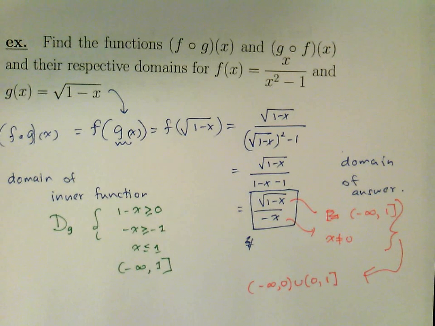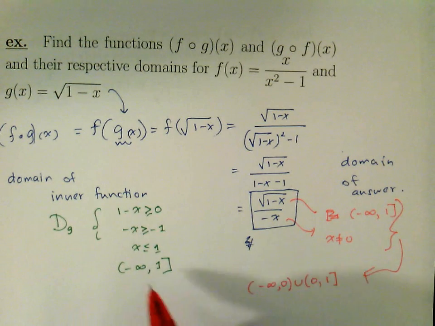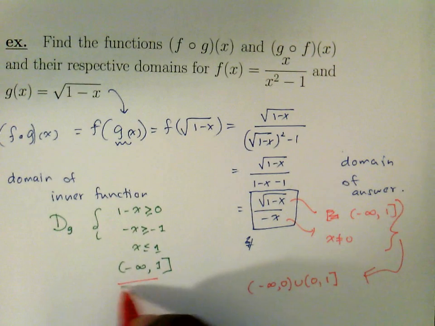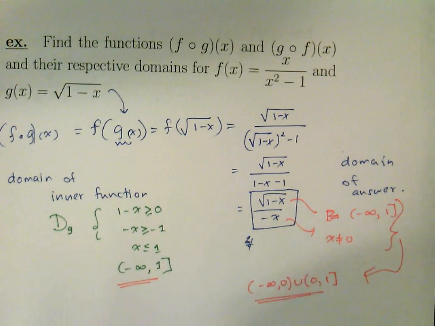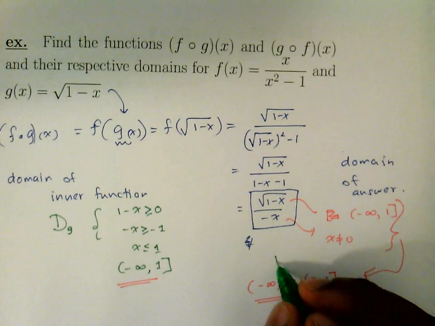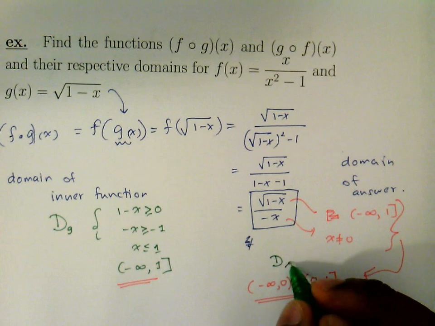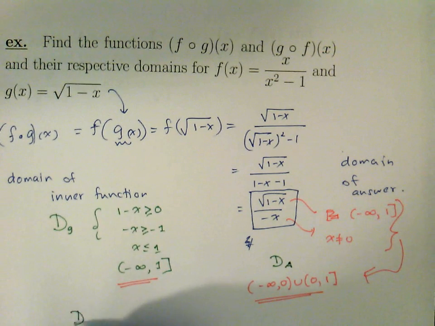Okay, so with this, now I can see that the domain is negative infinity to 1, 0, and then 0 to 1. So this intersect this. Let's say this is domain of the answer. So dg intersection dA.